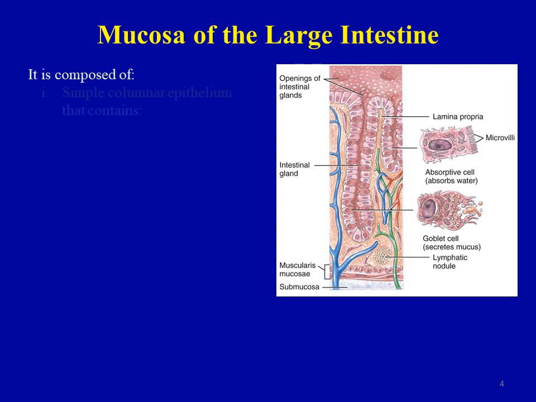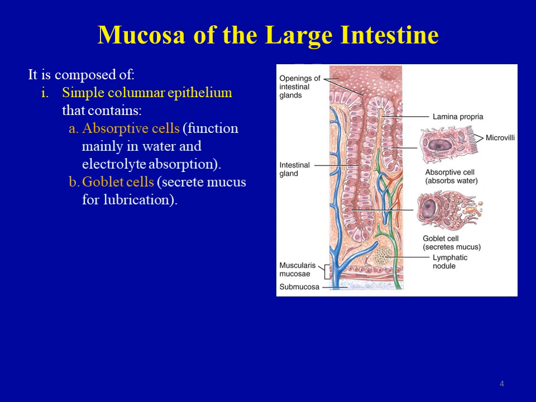So it is composed of simple columnar epithelium that contains the absorptive cells. Their function is mainly the absorption of water and electrolytes, and the goblet cells secrete mucus for lubrication as in other parts of the alimentary canal.